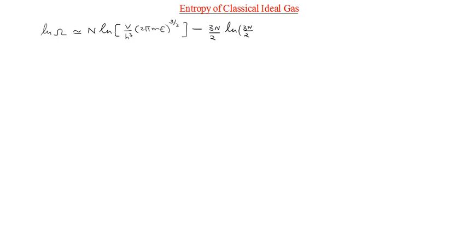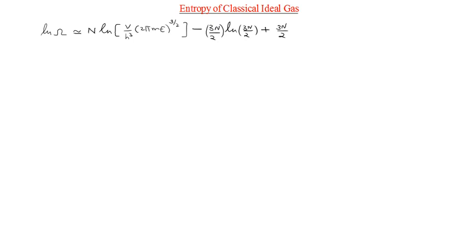There is a minus, but already there's a minus here, so the last term will be plus 3n by 2. So that is going to be our equation after applying Stirling's approximation.